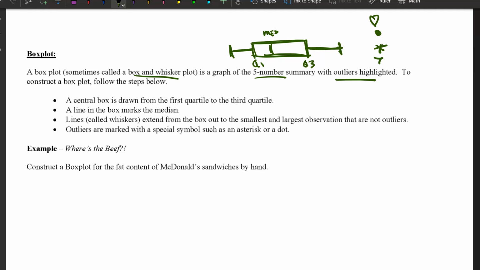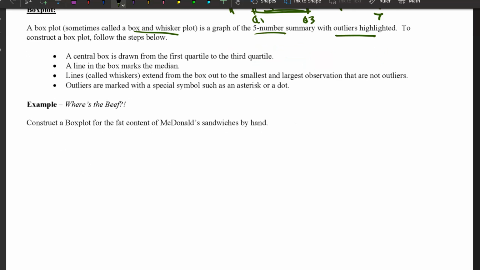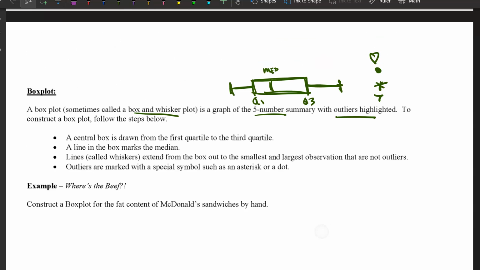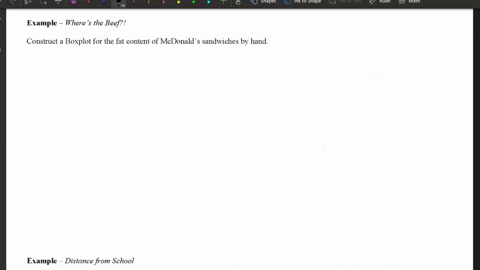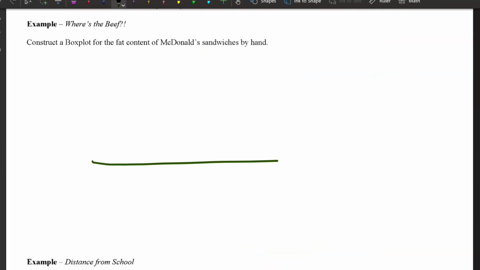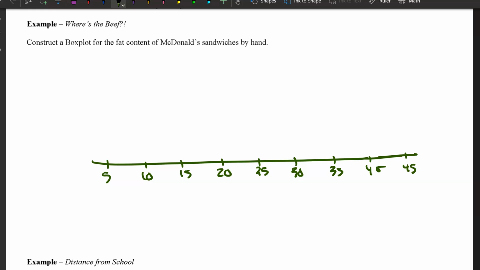Lucky number 7. Construct the box plot of the fat content for McDonald's sandwiches. So let's just make another number line that goes from 9 to 43. 5, 10, 15, 20, 25, 30, 35, 40, 45.